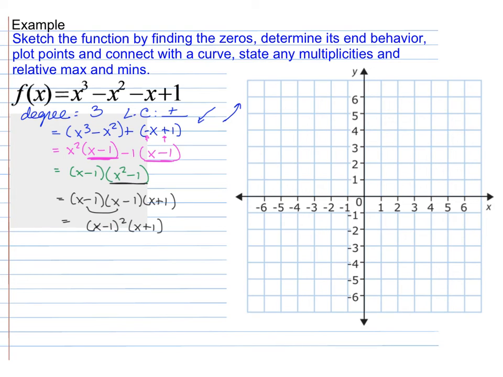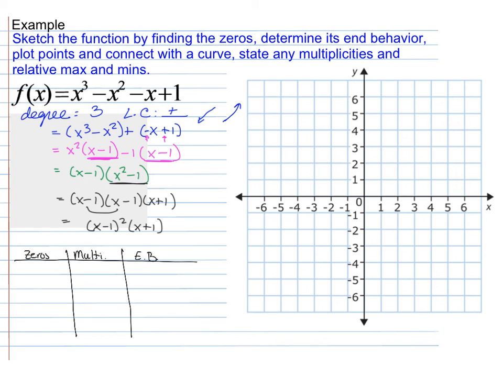So if I do my little table like we did in the first example, I'm going to have my zeros, my multiplicities, and my end behaviors.